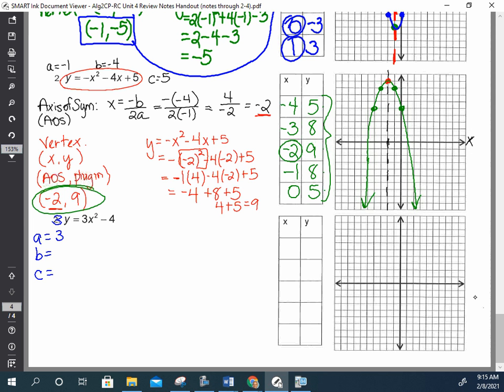B is the number in front of x. There is no x, so that's 0. C is the number with no variable, -4. So if you can at least identify A, B, and C, I'll at least give you 1 point. Now, yes, this problem is probably anywhere between 8 to 10 points. So 1 point, yeah, it ain't much, but it's better than nothing.